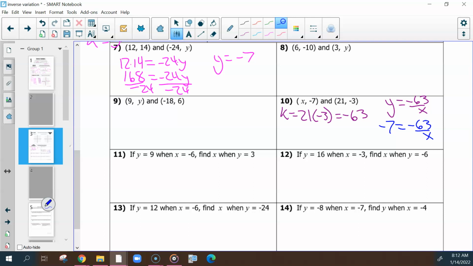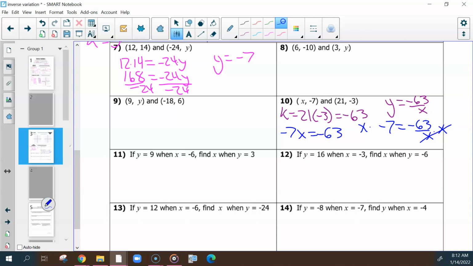Multiply what by 7? So if I did that, this would just double. Not double, but it would be positive 49. We are going to multiply, not by 7, by x. So if we multiply both sides by x, it gets rid of it on this side. So then we have negative 7x equals negative 63.